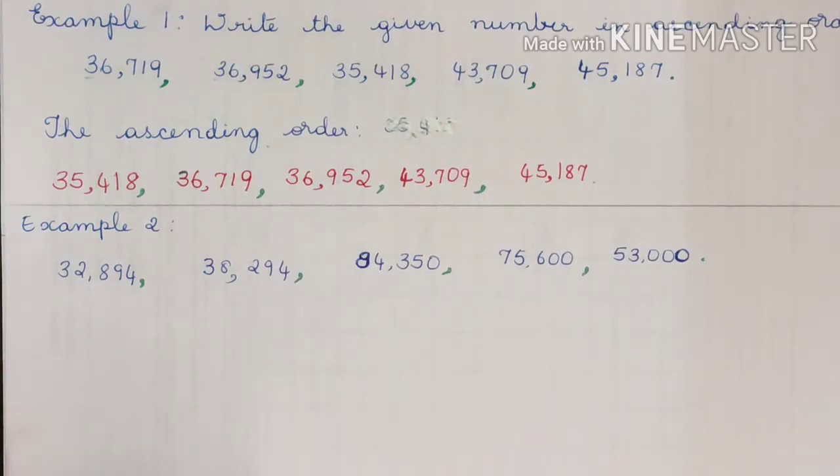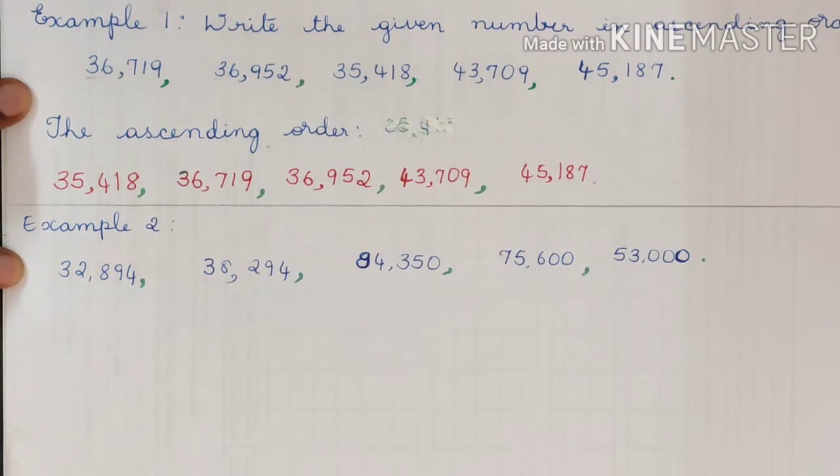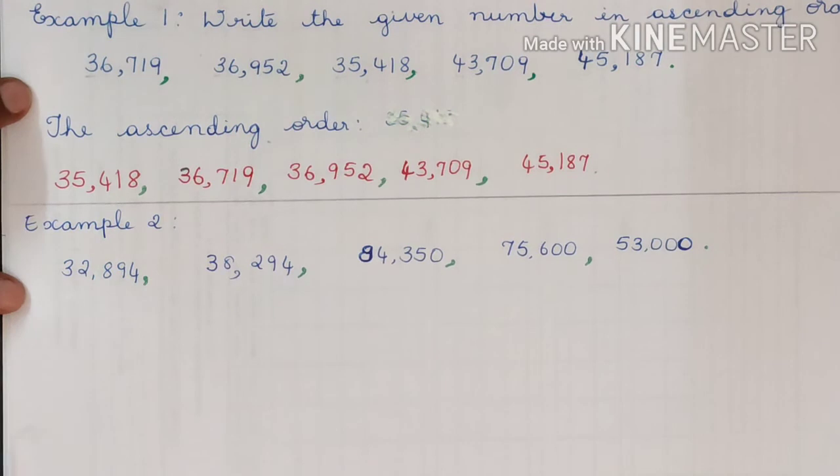Let us now see another example. 32,894, 38,294, 84,350, 75,600, 53,000. We have to arrange these numbers in ascending order. We already know ascending order means arranging the numbers from the smallest to the biggest.